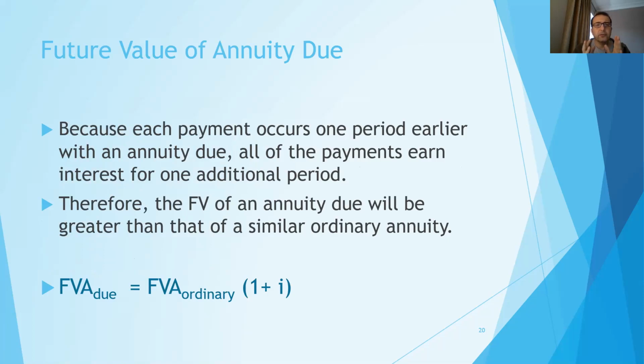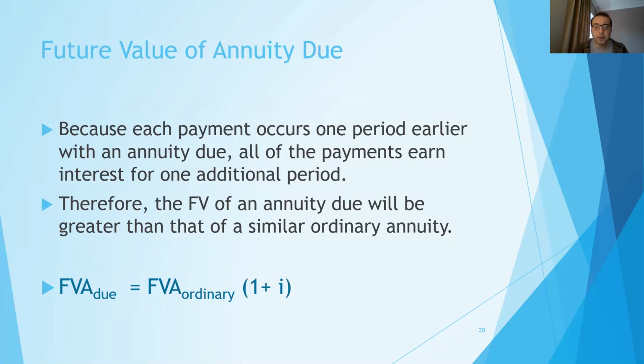Let's see the future value of an ordinary annuity. You remember the difference between ordinary annuity and annuity due. Annuity due starts earlier than ordinary annuity, one period before, right? So in this case, you can calculate the future value of an ordinary annuity, and we know that we have a one period difference.